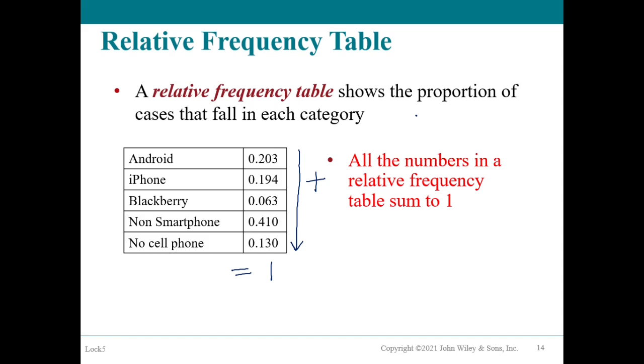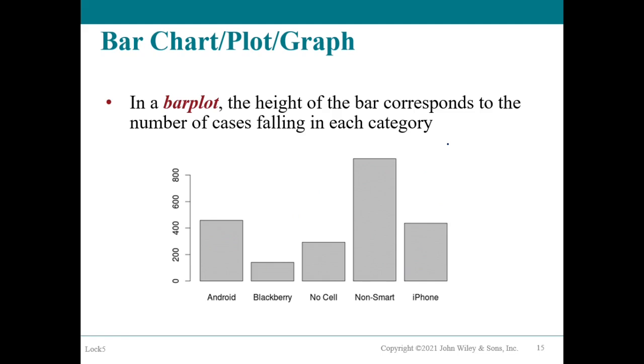If it is not 1, it's going to be a problem. Sometimes we have numbers that don't give us exactly 1, but at least it should be very close to 1, at least 0.99 something.